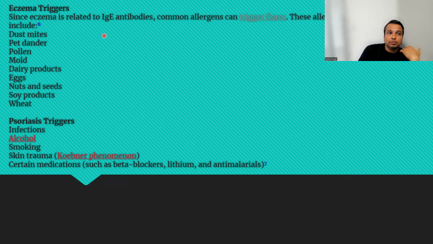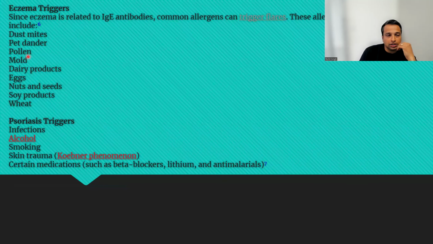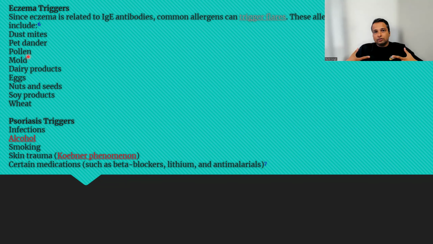Now, what are the causes? As I explained, eczema is mostly an allergic reaction. It's the immunoglobulin E, and it could be dust, pet hair, mold, whatever it is, dairy products you're allergic to, wheat products you're allergic to. That might lead to skin triggers, and you'll keep itching, and you have that itchy skin. That is mostly the causative agent of eczema. But psoriasis is a little bit complicated. It might be chronic pains happening over a period of time.